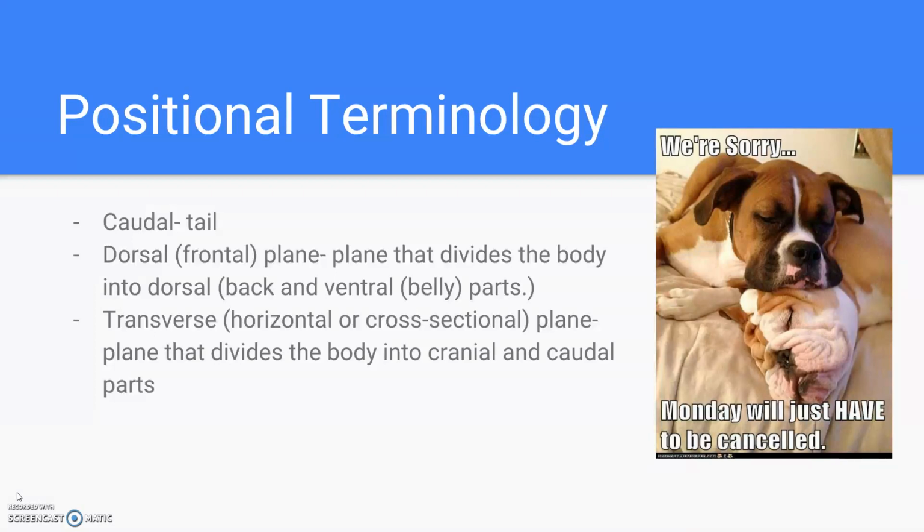The transverse plane, this would be a horizontal or cross-sectional plane, and it is a plane that divides the body into the cranial and caudal parts. So instead of cutting through the animal horizontally, the cut itself would be vertical, but you would basically be bisecting the animal such that the head is on one side and the tail is on the other.